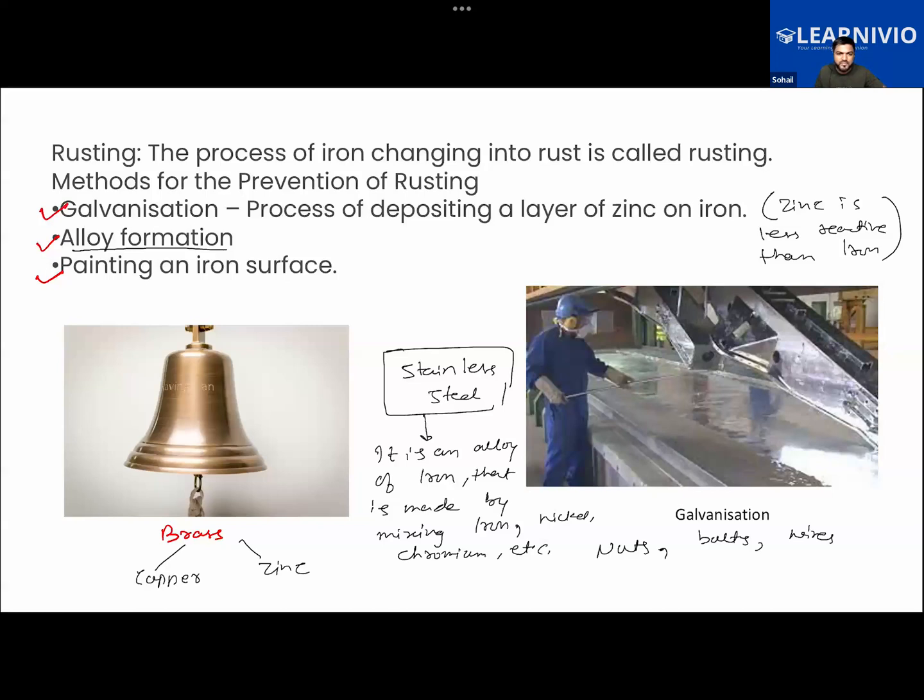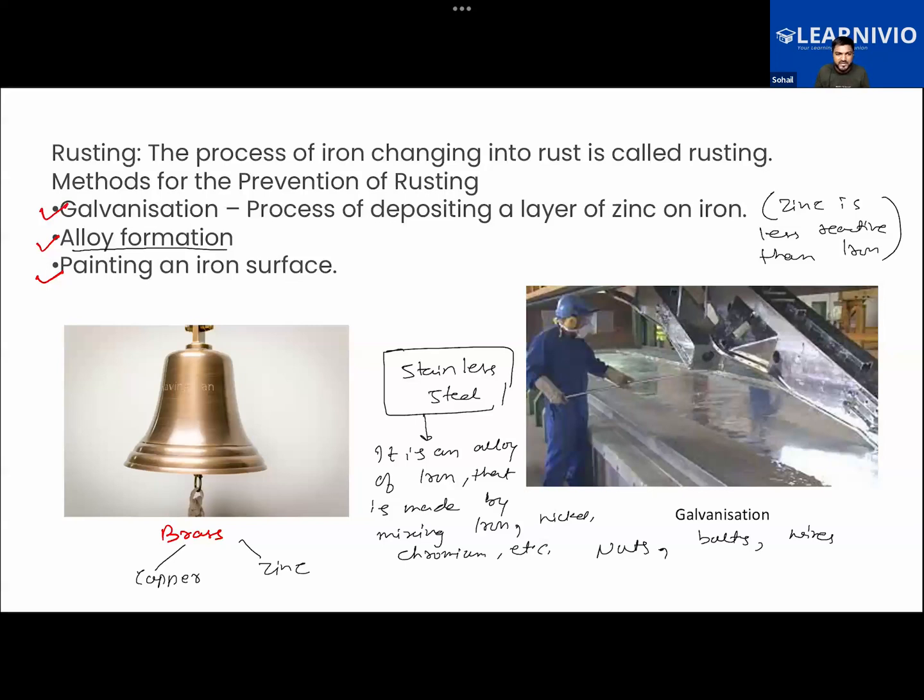Right now, we are doing the chapter physical and chemical changes. So we were learning about the chemical change, and here we learned about some of the ways iron can be prevented from rusting. One of the ways is alloy formation. We know that alloys are basically mixtures of metals and a non-metal, or it could be two metals.